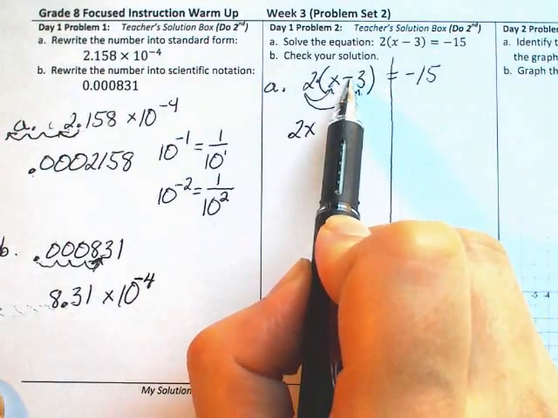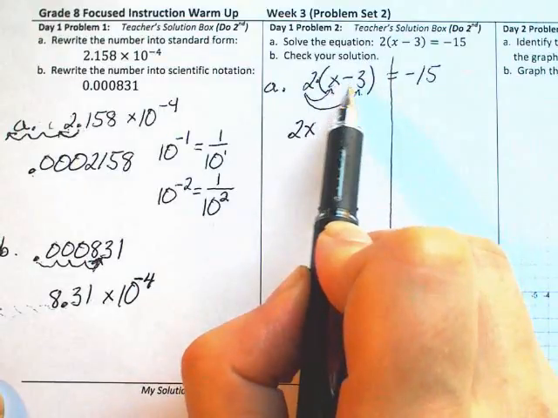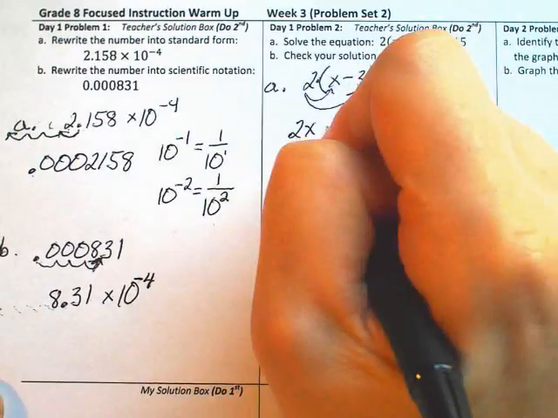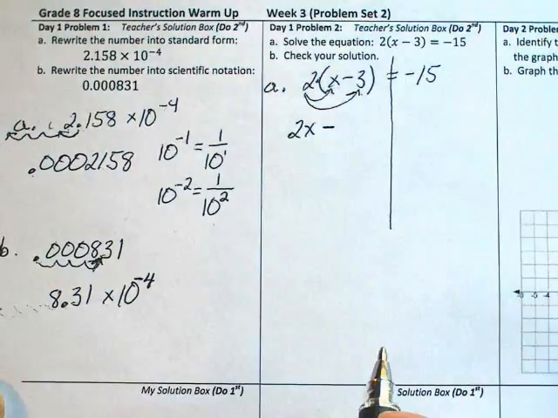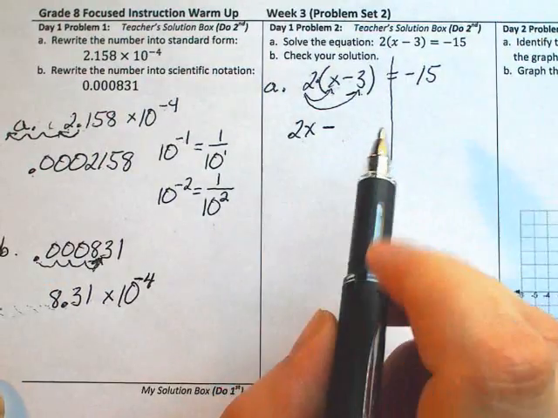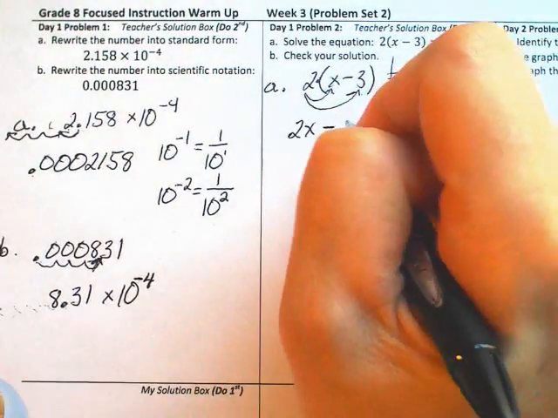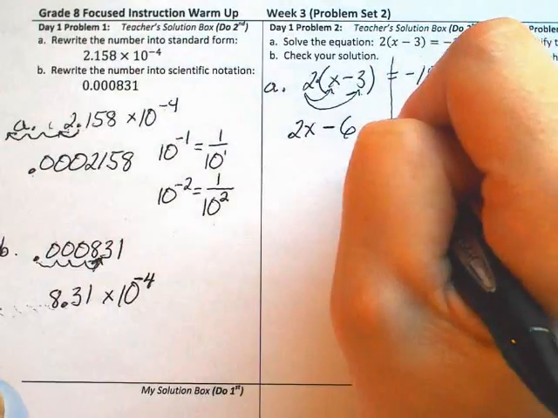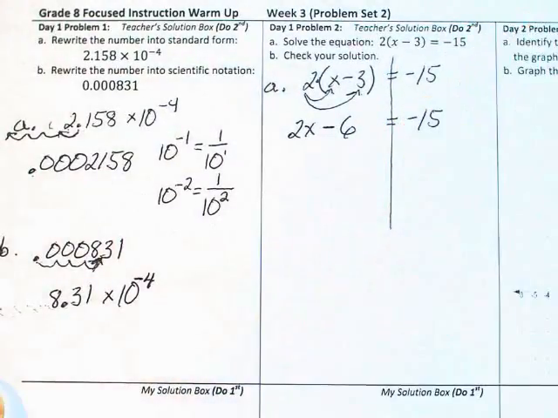In front of that 3, a subtraction symbol is being used to separate these terms, and so let's continue to use a subtraction symbol to separate these terms as well. 2 times 3 is 6, and that is equal to negative 15.